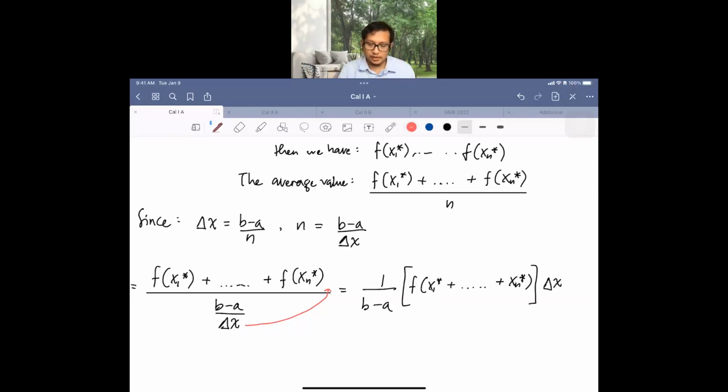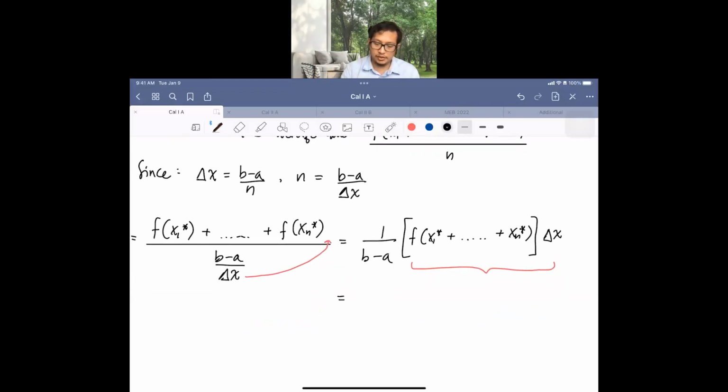This part is where we evaluate the rectangles, if you remember integration. So you could rewrite this as a summation, from i equals 1 to n, of the function times delta x.